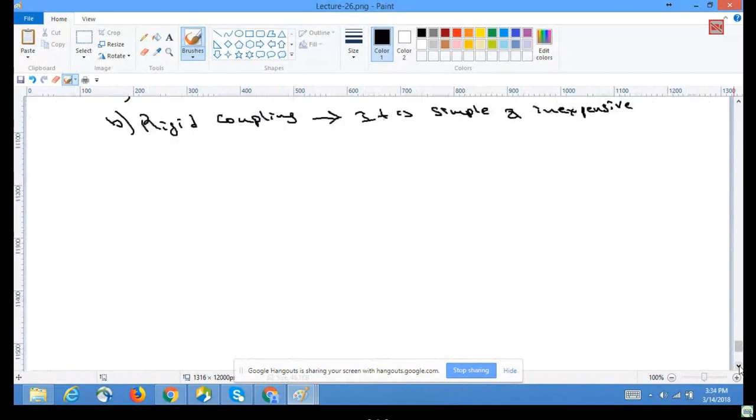For example, we will show you a couple of couplings.